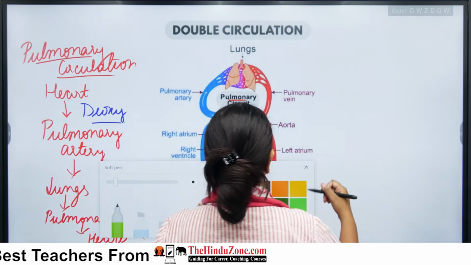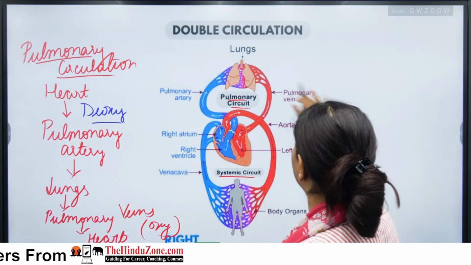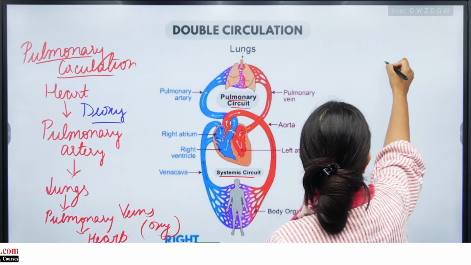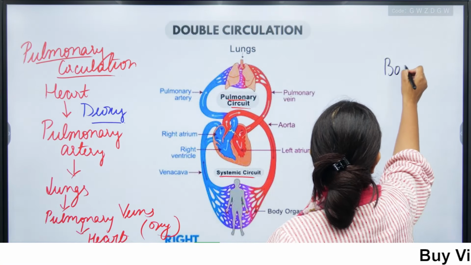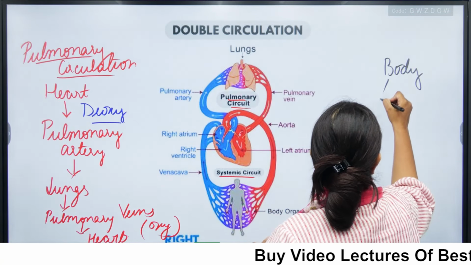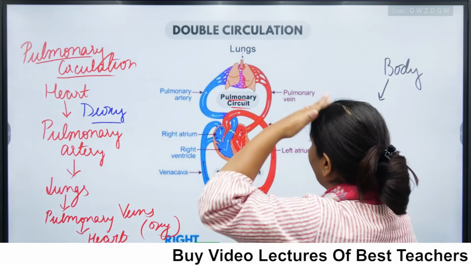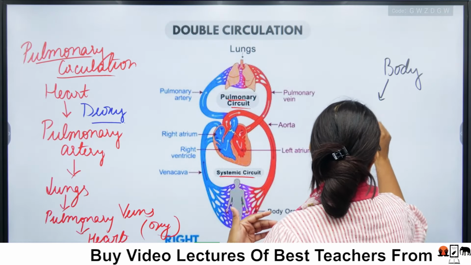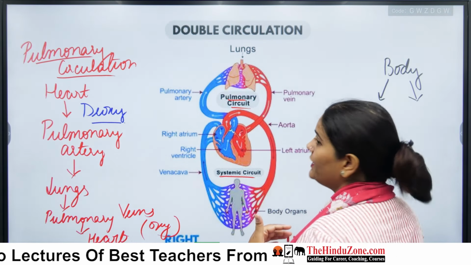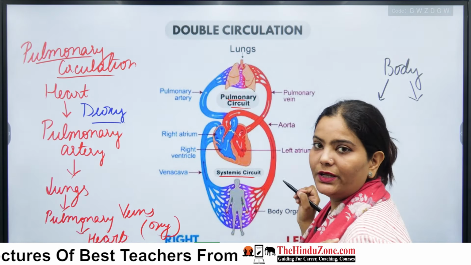When we talk about systemic circulation, it is through the body. From the top side of the body, like your head and neck, the blood comes through the superior vena cava, and from the lower side of your body through your inferior vena cava, right?